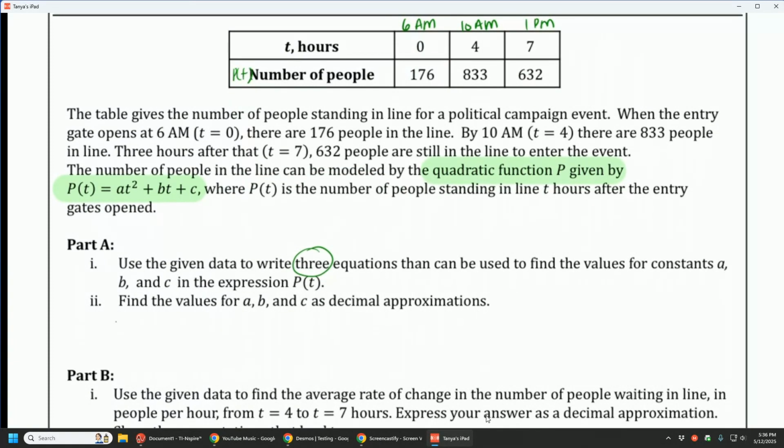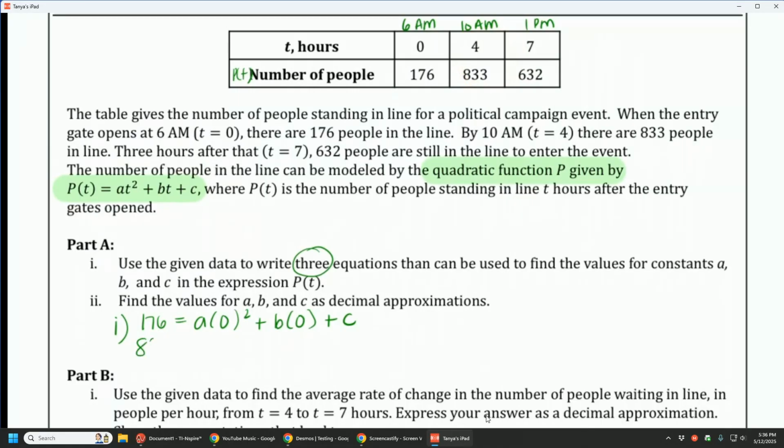So for part A1, we would have 176 equals a times 0 squared plus b times 0 plus c. So I followed this format. Okay, now I need to do the same thing with the next point.